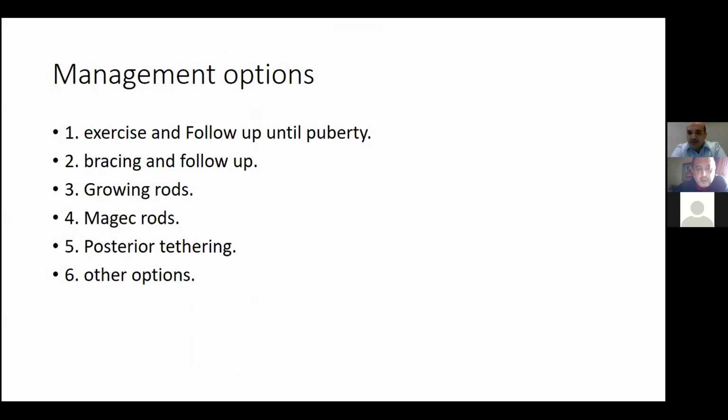If you are with number 1, raise your hand. Only one. Number 2, what about bracing and follow-up? We have 3. Actually 4.